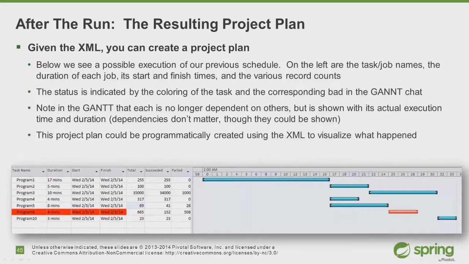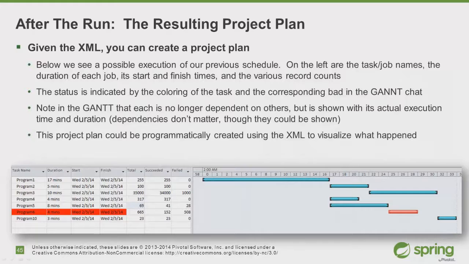Their duration, which is the calculation that the project plan software does based on the start and finish times. The total number of records processed, how many succeeded and how many failed. And based on the outcome of the job, whether it terminated normally or terminated in error, you can actually highlight the row and the bar to be red.